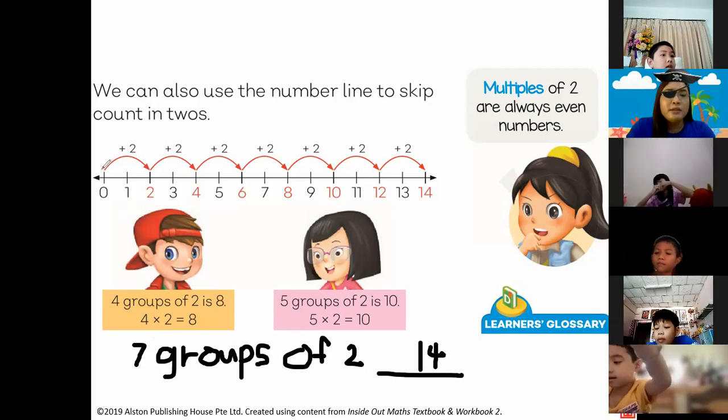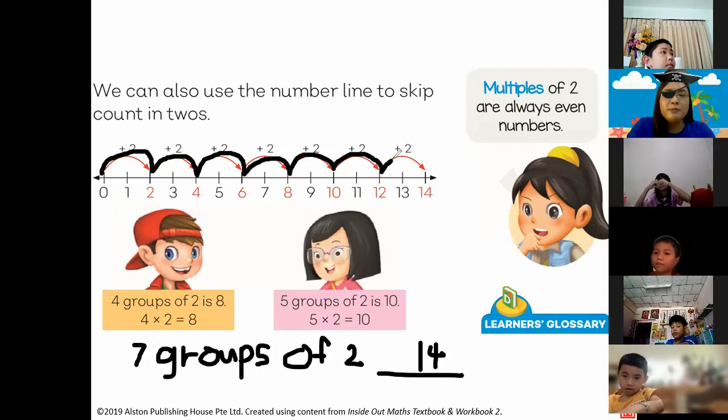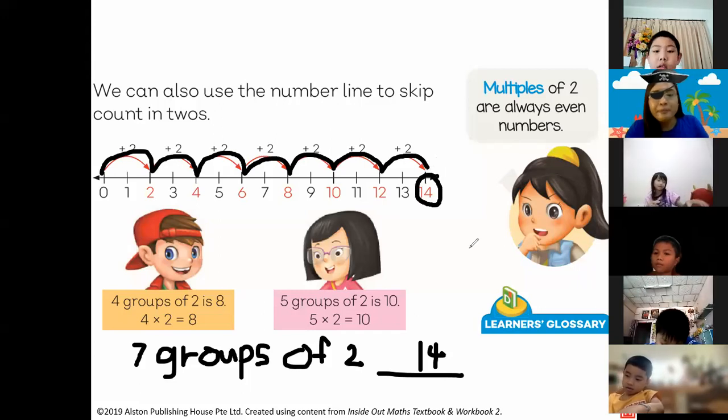Okay. So let's do it. 1 group, 2 groups, 3 groups, 4 groups, 5 groups, 6 groups, and 7 groups. So 7 groups of 2 is 14.